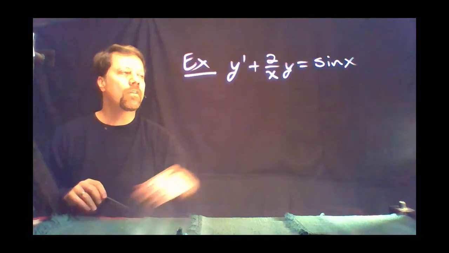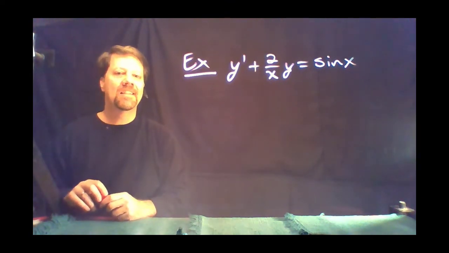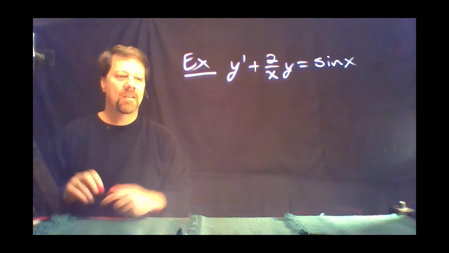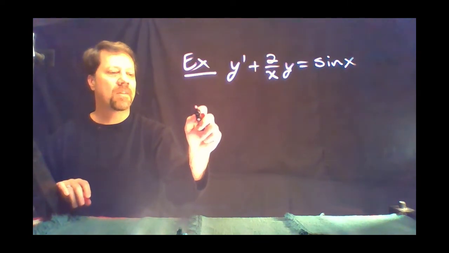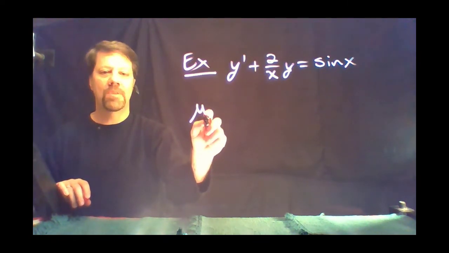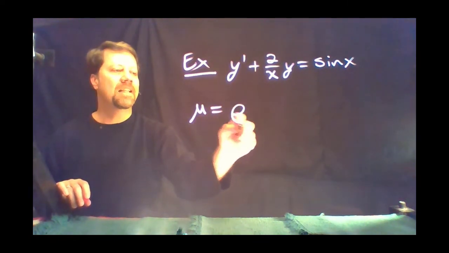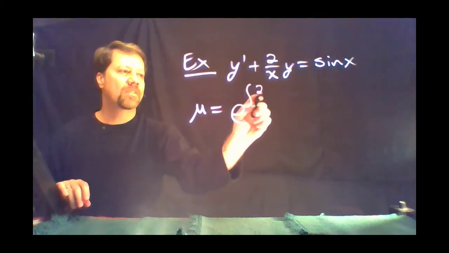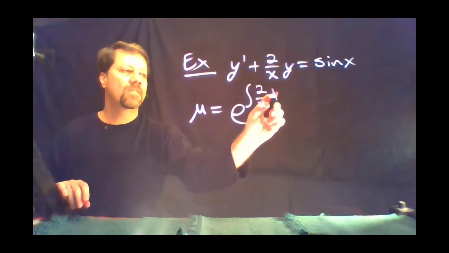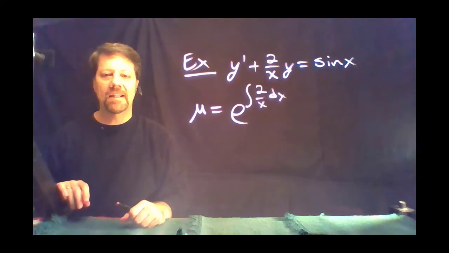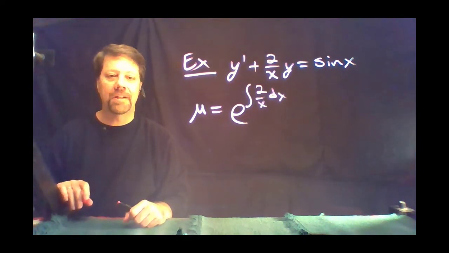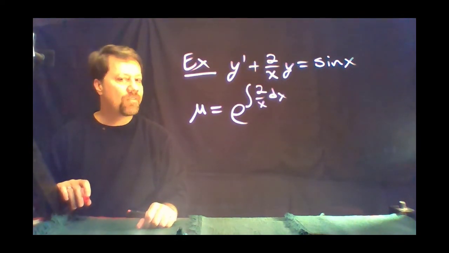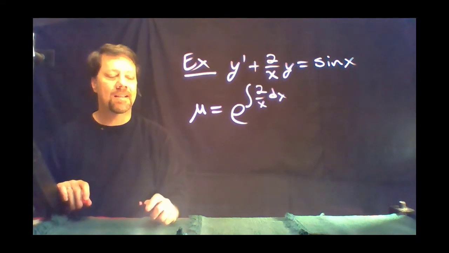And q of x is the right-hand side, sine of x. The first step in our process is to solve for the integrating factor mu. Mu is e to the integral of p of x, 2 over x, keeping in mind that when solving for the integrating factor, you never need to worry about absolute values or plus c's.